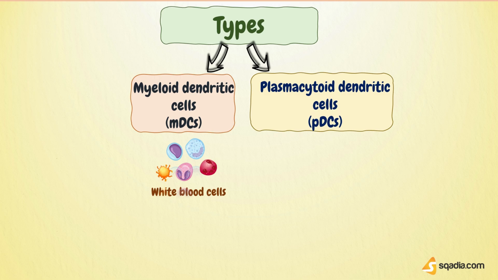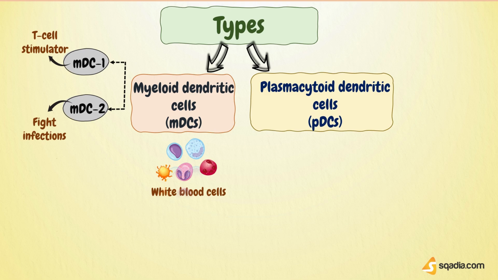And these MDCs are similar to monocytes or white blood cells. They are further subdivided into two classes, where the more abundant one is MDC1, which is a major stimulator of T cells, and the less common one is MDC2, that helps fight infections caused by wounds.